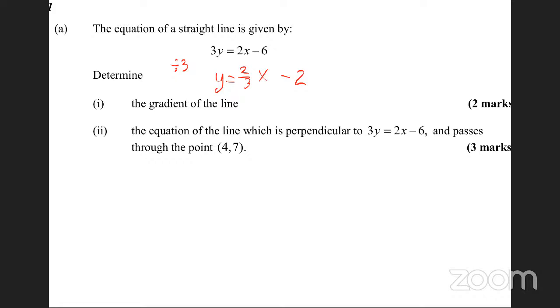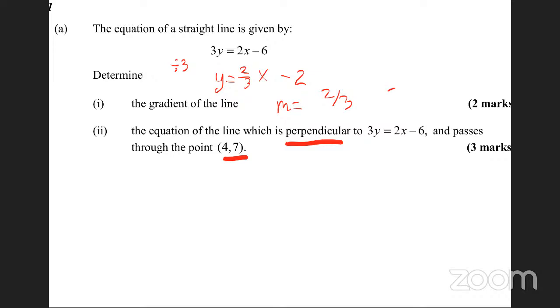Are you okay with that? Yeah? Now you can read off the gradient. Matthew, so the gradient is how much? 2 over 3. Now here's what they want. They want the equation of the perpendicular line passing through the point. So how do we get the equation again? We need the gradient and we need a point on the line. Can anybody tell me what's the gradient of the perpendicular line?